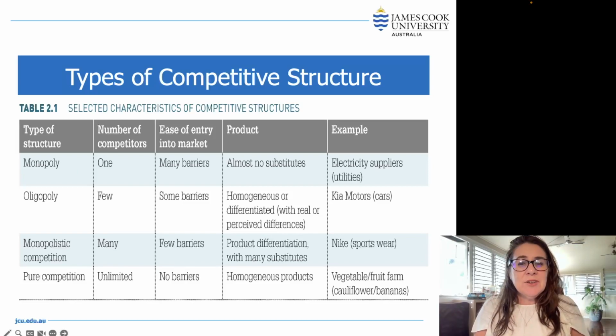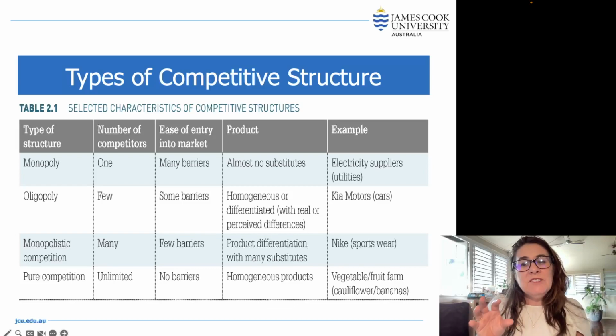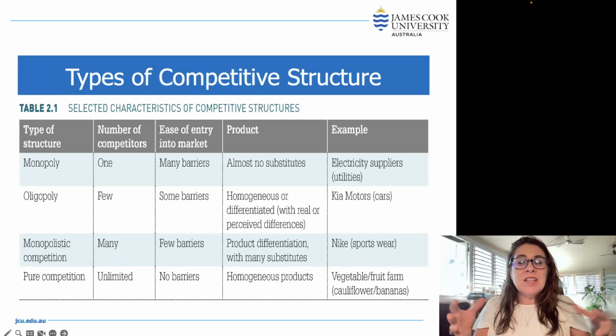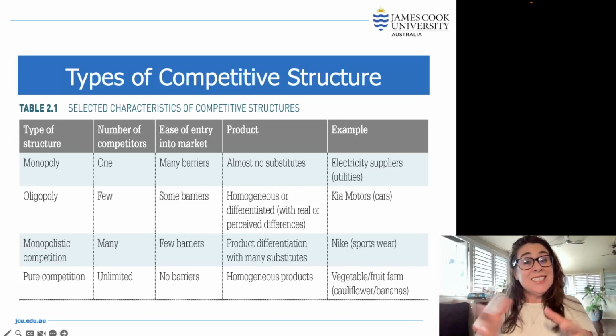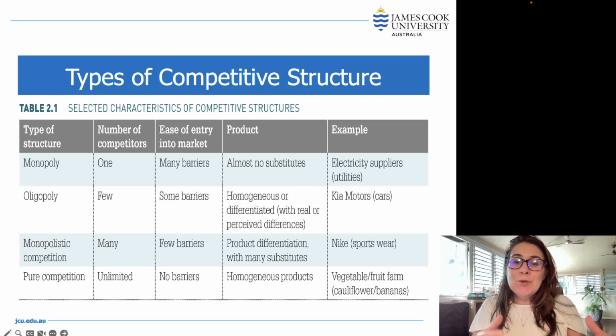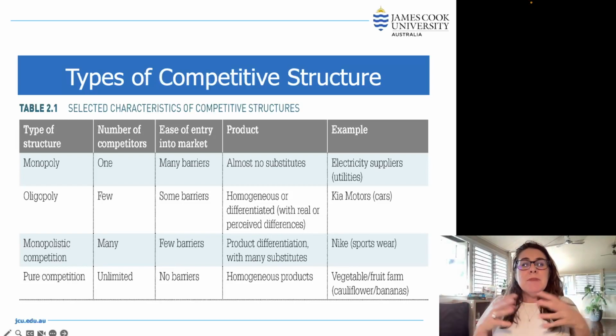But in Australia, we do have other types of competitive structures. For example, an oligopoly exists when few sellers control the supply of a large proportion of a product, such as airlines or fuel. Monopolistic competition exists when a firm with many potential competitors attempts to develop a marketing strategy to differentiate its product.